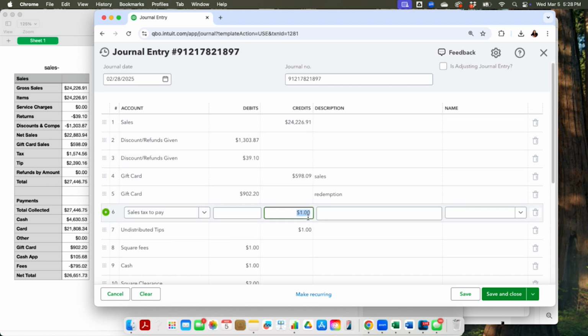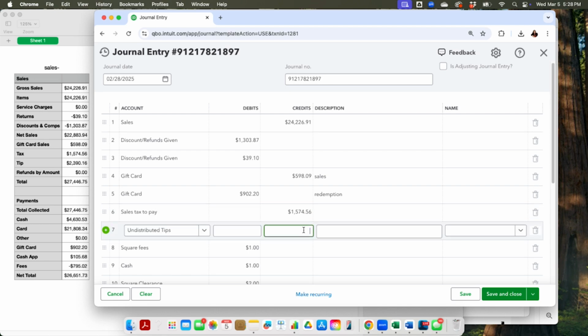Okay, so sales tax to pay, this is a liability account. This is saying that you owe that much, you got to pay this much in sales tax. In this case, it's 1574.56. And I'm going to record the undistributed tips as well. So those are tips you received and you haven't paid your employees yet. However, maybe sometimes you have already paid.